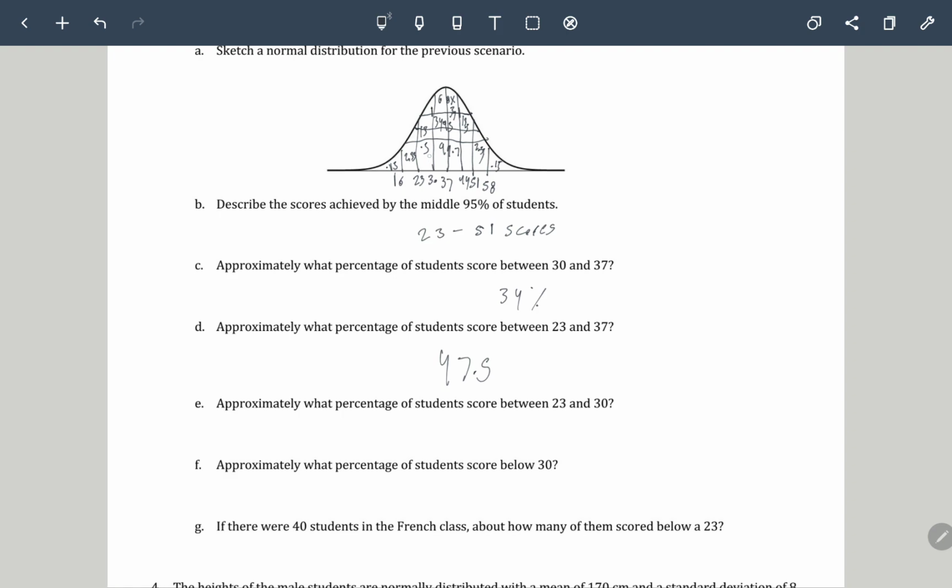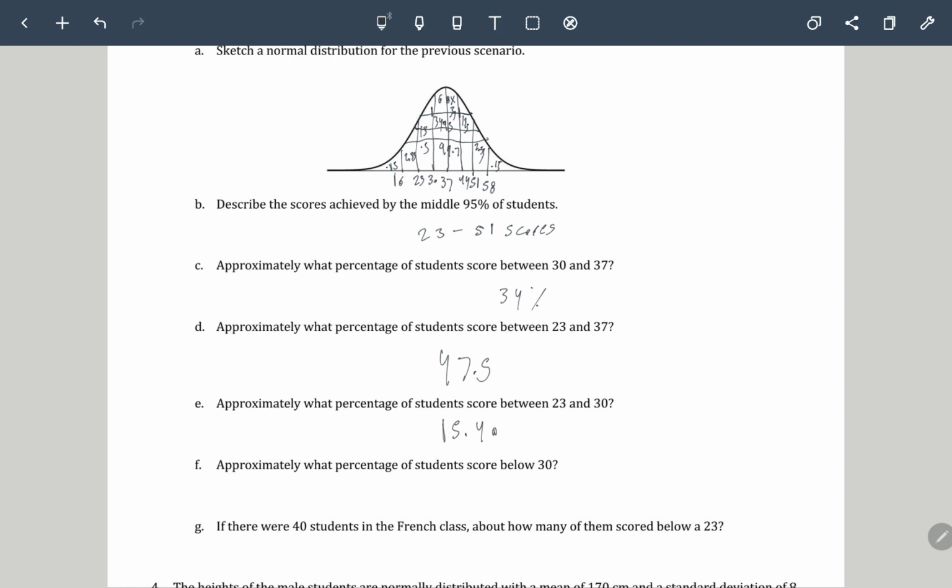Again, 23 was 2.35. Now 2.35 plus the 13.5 is 15.85, so 15.85.